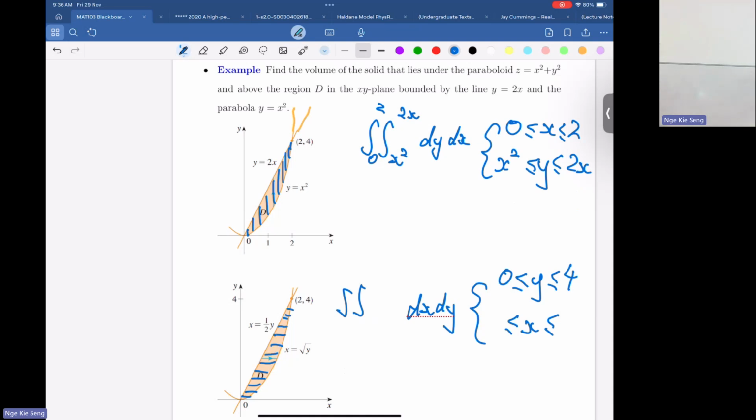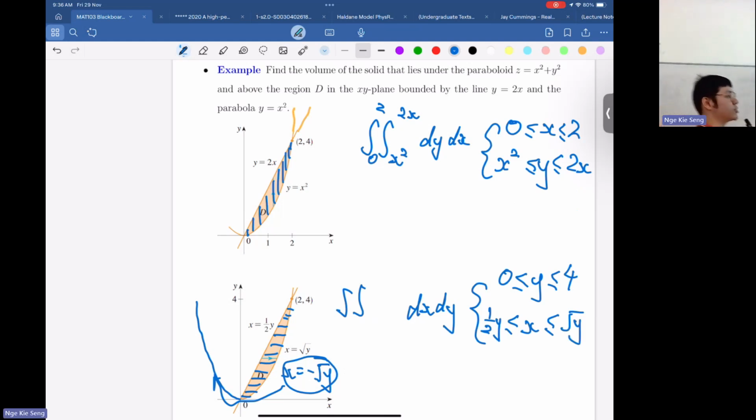The left curve is decided by x equals half y. How about the other side? Should you use x equals square root y or x equals minus square root y? Square root y, because the negative one refers to the part of the curve on the other side of x equals 0. So the upper bound is square root y.